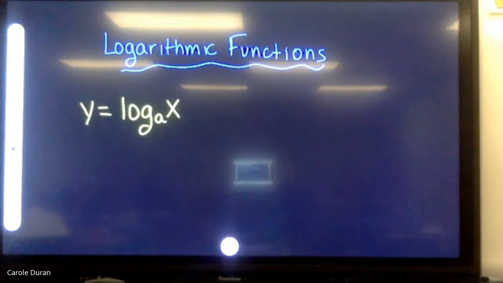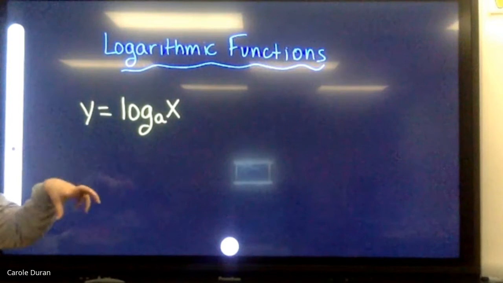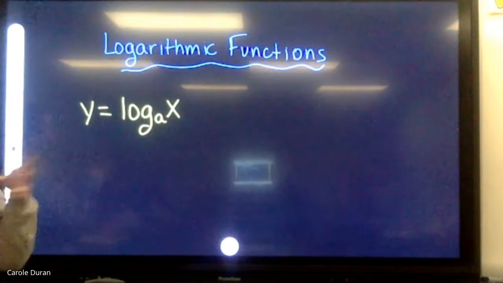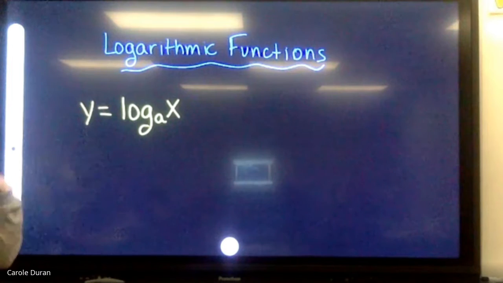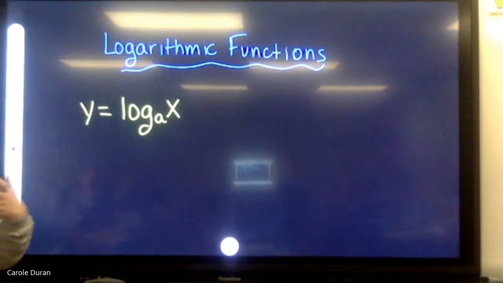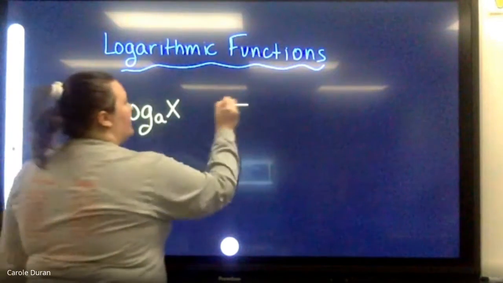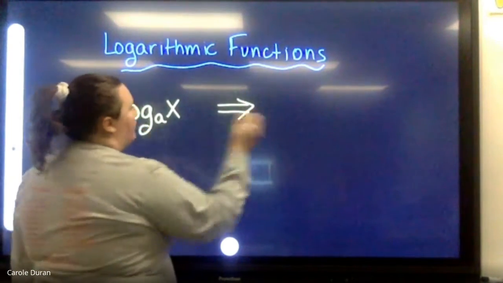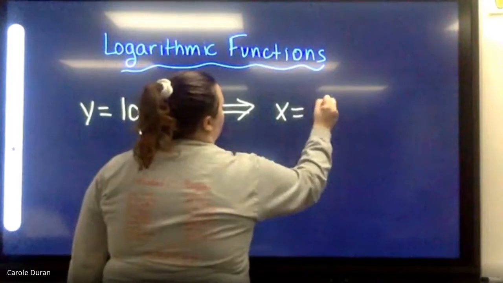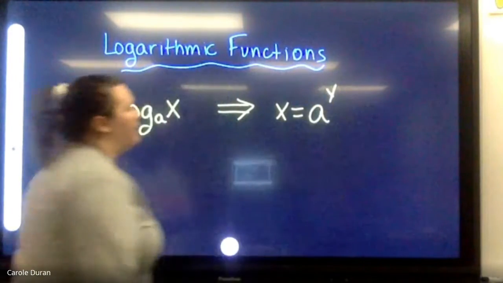The first relationship we are going to look at is a relationship that turns every log into an exponential. So exponential and log are linked: they can be rewritten as each other to solve for specific parts of it. This logarithmic function is the same as the exponential function x equals a to the y.